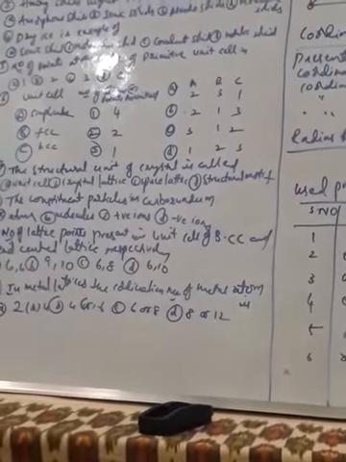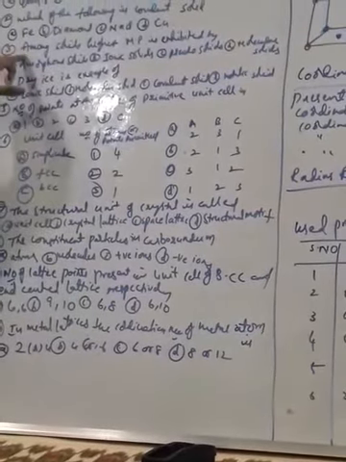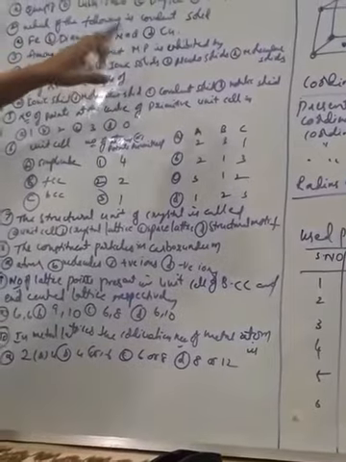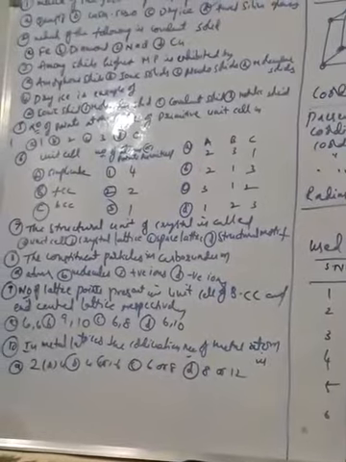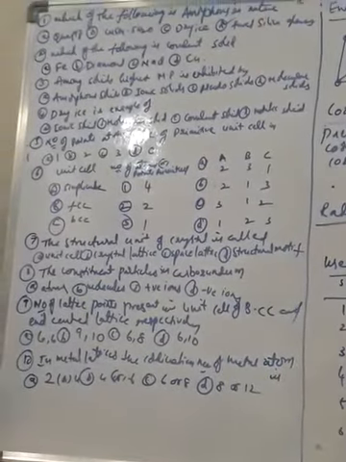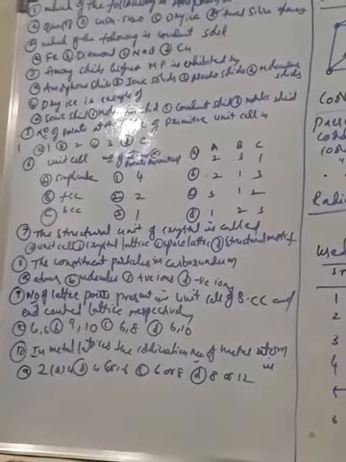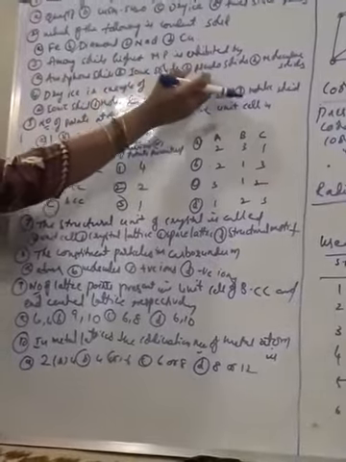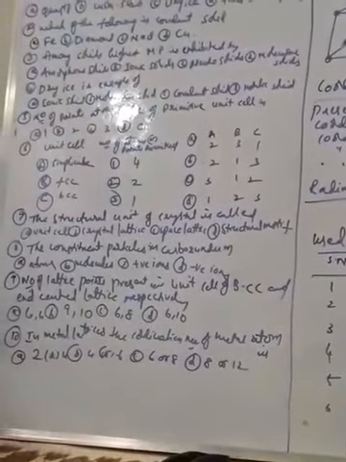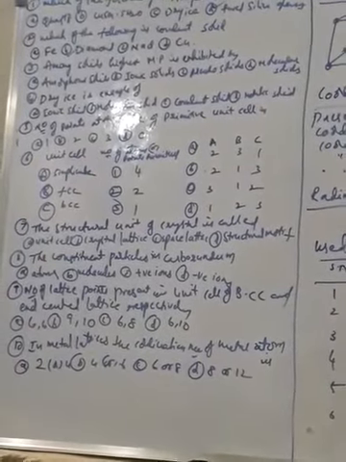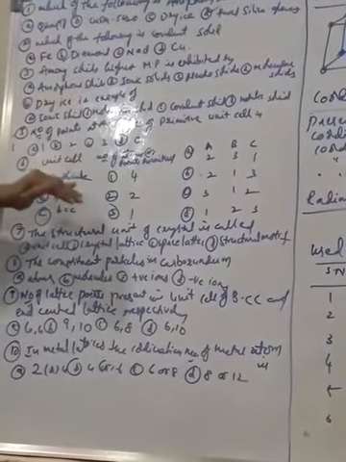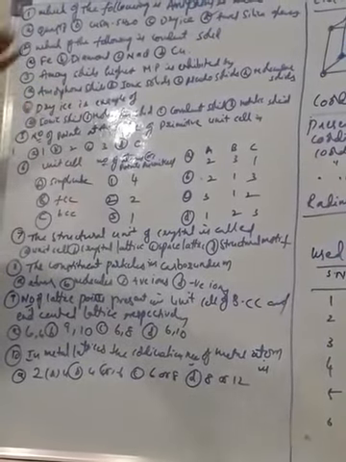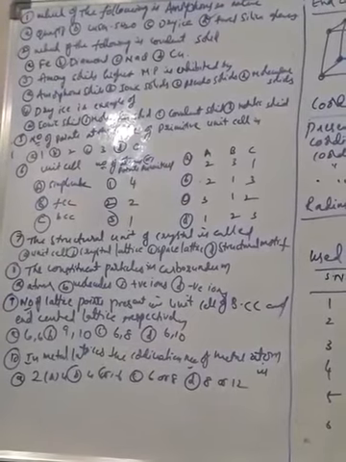Then among solids, the highest melting point is exhibited by. Next bit. Different solids are there: amorphous solids, ionic solids, pseudo solids, molecular solids. Amorphous solids have low melting points, whereas crystalline solids show sharp melting points.